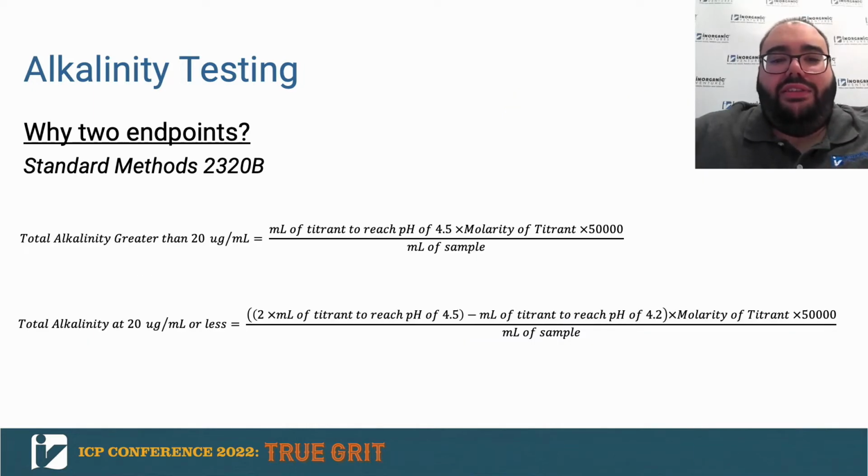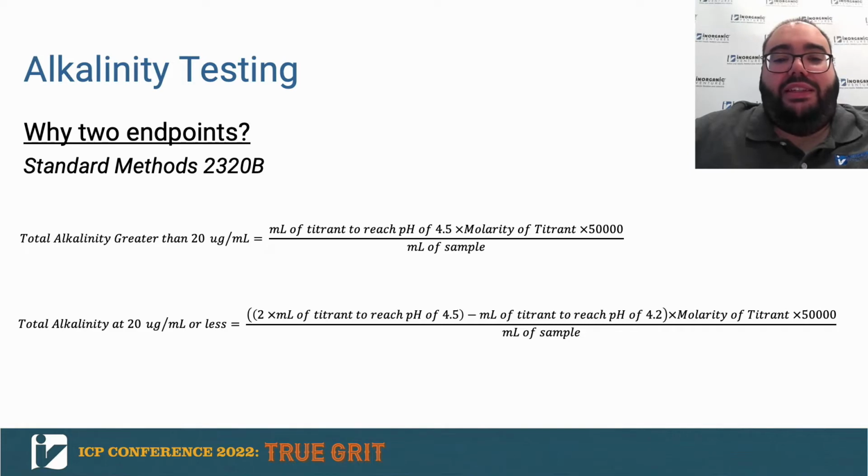You might be asking yourself, why do we titrate to two different endpoints, that 4.5 and then 4.2 endpoint? The answer comes out of Standard Methods 2320B. Essentially there are two different calculations that you can see on the slide: one for when your total alkalinity is greater than 20 ppm, and one for when your total alkalinity is 20 ppm or less. That distinction determines the amount of titrant used.